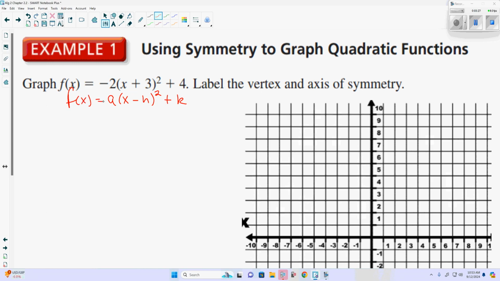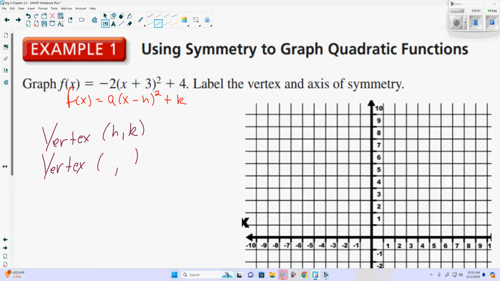It is a, parentheses, x minus h squared plus k. To find the vertex, vertex is the point h comma k. So for us here, to find the vertex, we need to find the value of h and k.